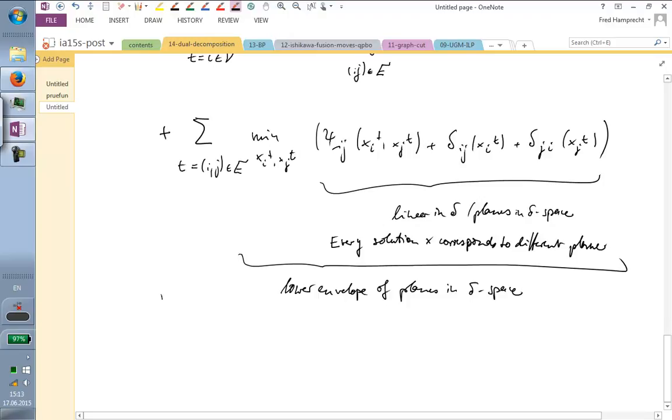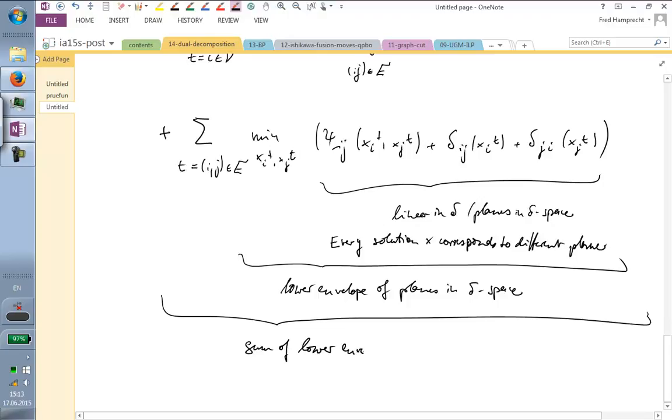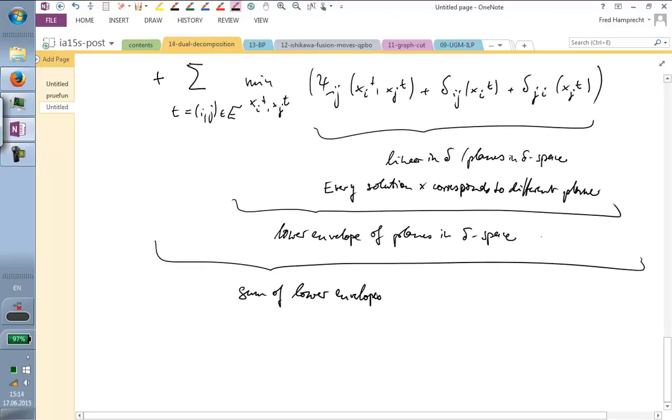And now we actually have a sum of these. So the lower envelope is a concave function, and if we sum up lower envelopes, then this is still concave.